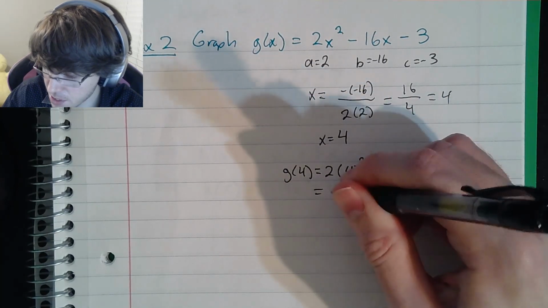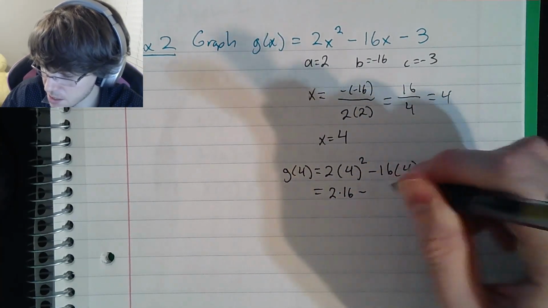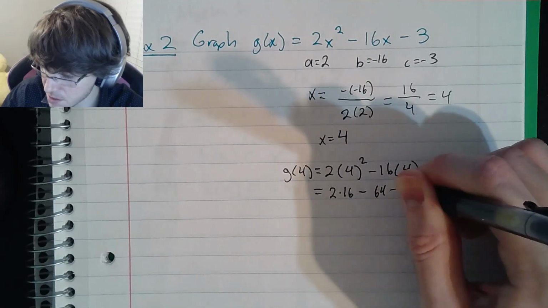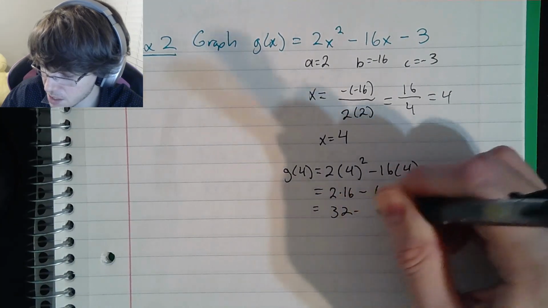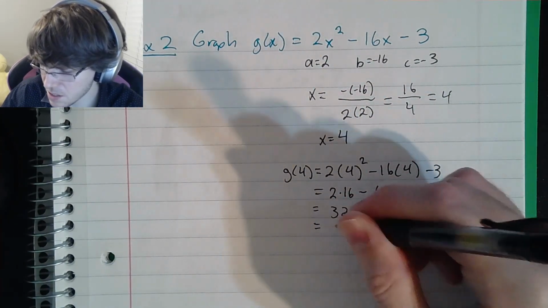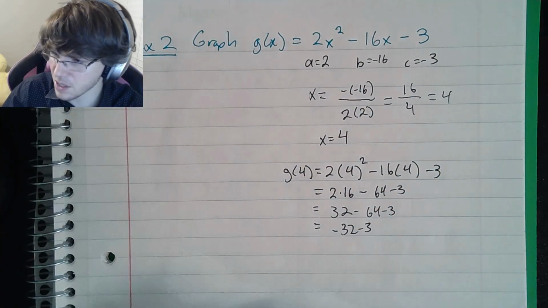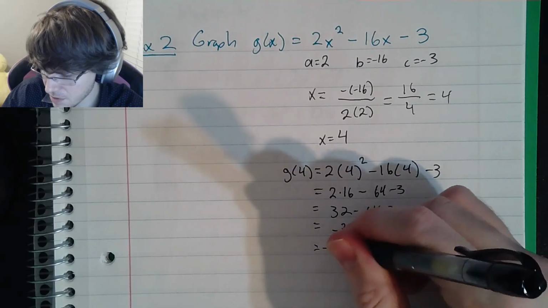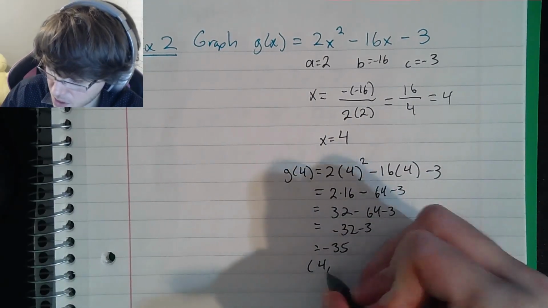So 4 squared is 16, 2 times 16 is 32, minus 64, minus 3. 32 minus 64 is negative 32, minus 3. Remember, I'm doing left to right, which is negative 35. So that means I have the coordinates (4, negative 35).